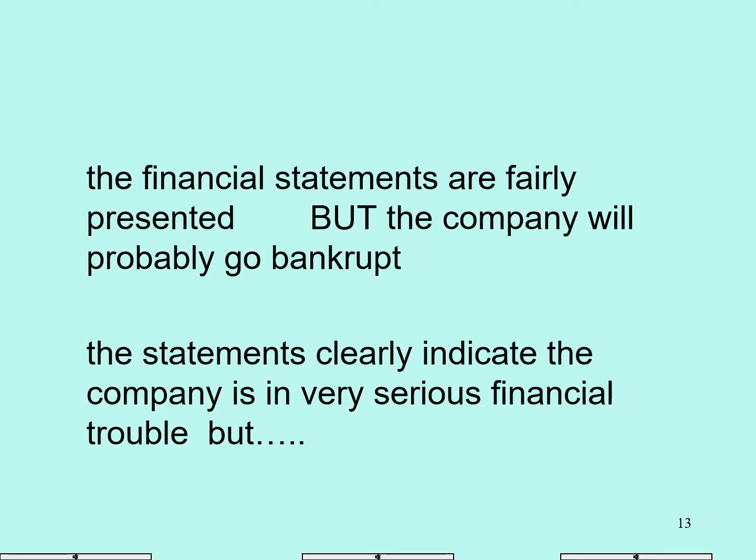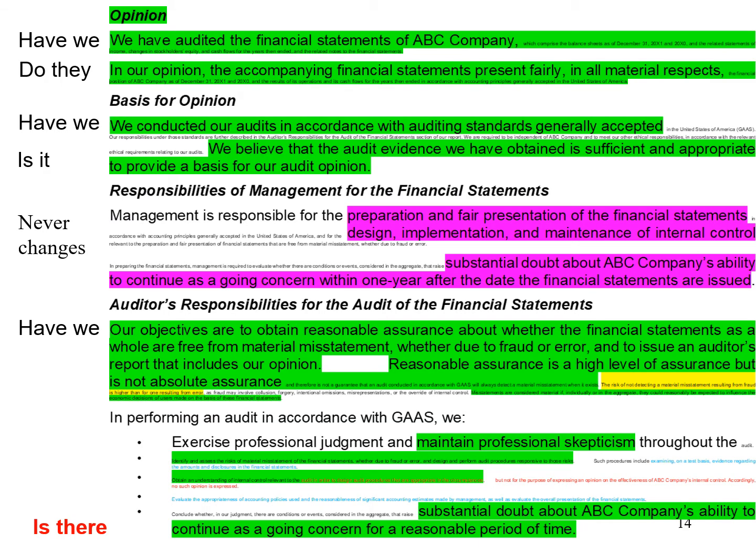The financial statements are fairly presented, but the company will probably go bankrupt. The statements clearly indicate the company is in serious financial trouble, but okay. Have we audited the financial statements? Yes. Do the financial statements fairly present in all material respects? Yes.